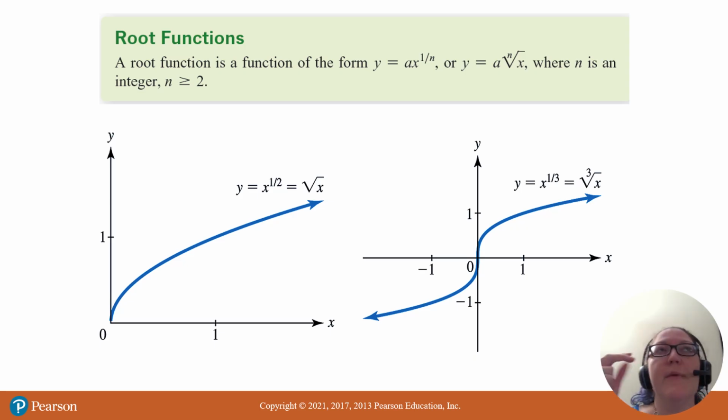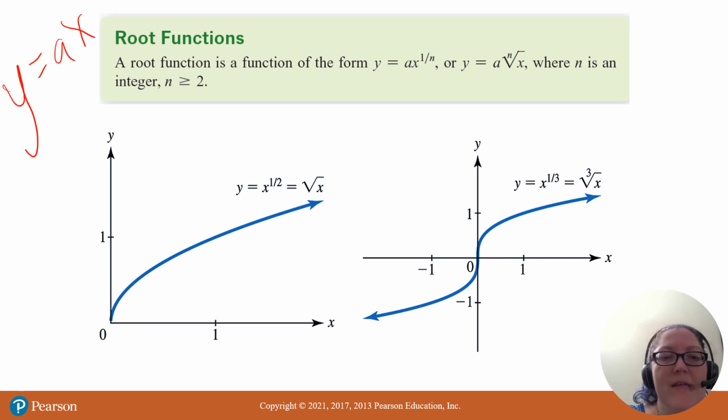So we talked about how power functions can basically be anything, and I'm going to write on the slide here so you can remind yourself, where we have a times x to the power of b. And the only rule that I had on b was that b itself could not be 0.